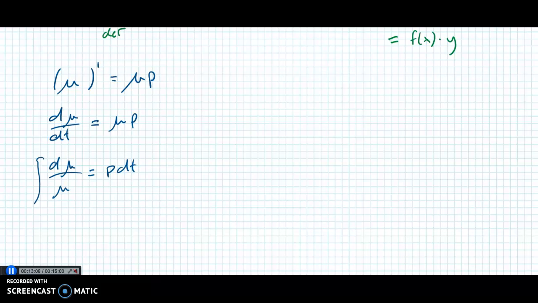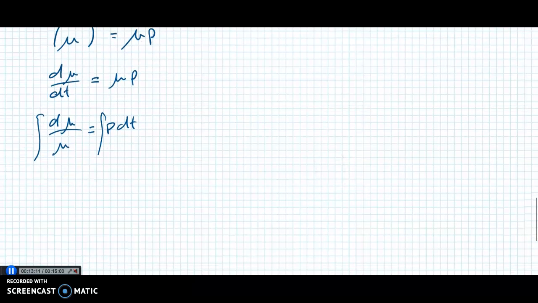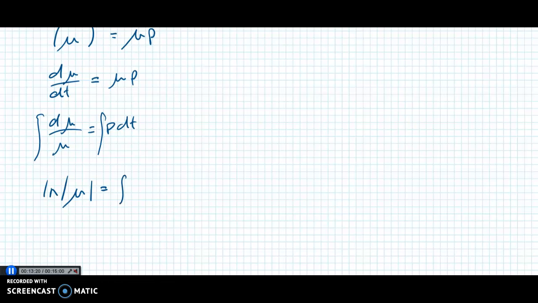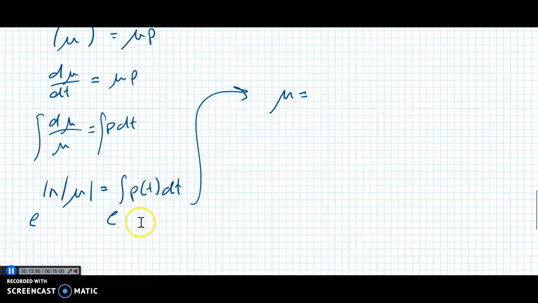Now I integrate. What's that give me? ln absolute value of mu is equal to, I don't know what p is, so I'm just going to leave it as the integral of p of t dt, and then I can do my e to the, and that gives me my mu is equal to this right-hand side over here.